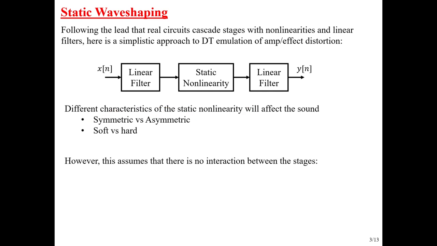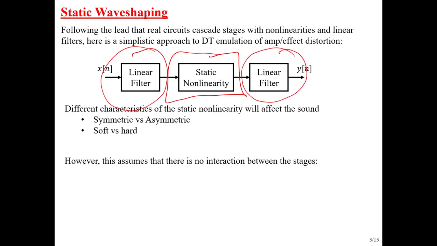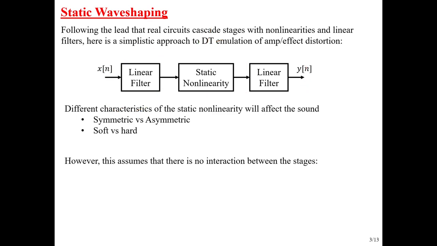Now, one thing that we're doing here in our discrete time emulation or discrete time modeling is we're assuming that whatever I put in here has no effect on how this works nor on how that works, and vice versa. This has no effect on how that works. So there's no interaction between the stages.